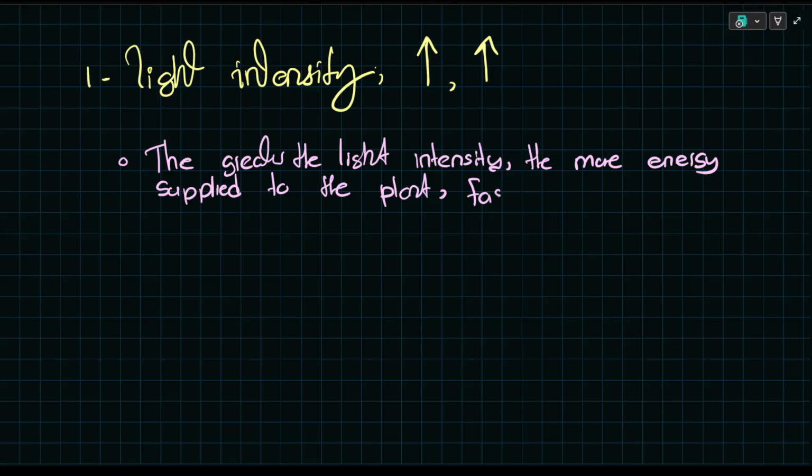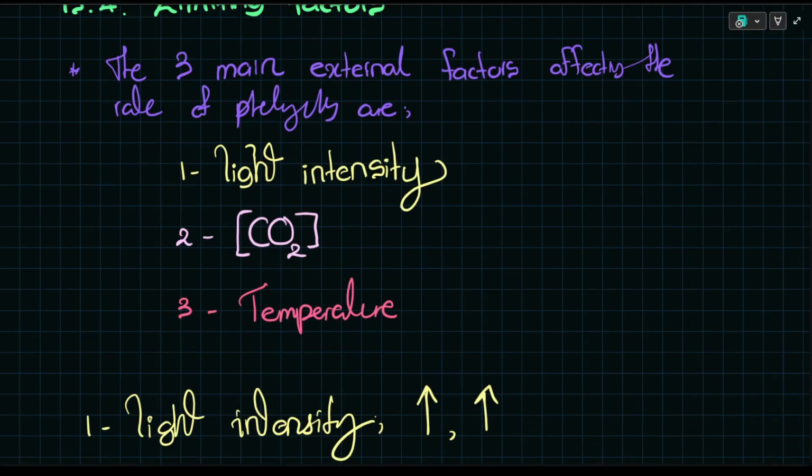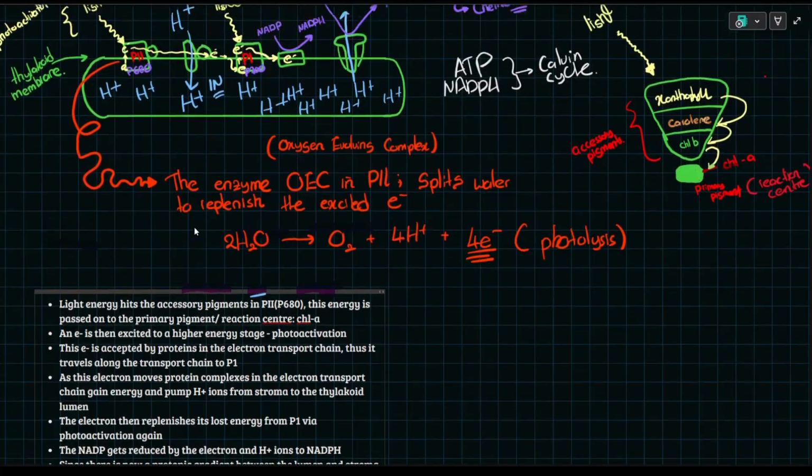So, therefore, simply, the light dependent reactions, faster light dependent reactions occur. Light dependent reactions can occur extremely fast. More light, more photoactivation, more electron excitation, the faster the light dependent reactions.